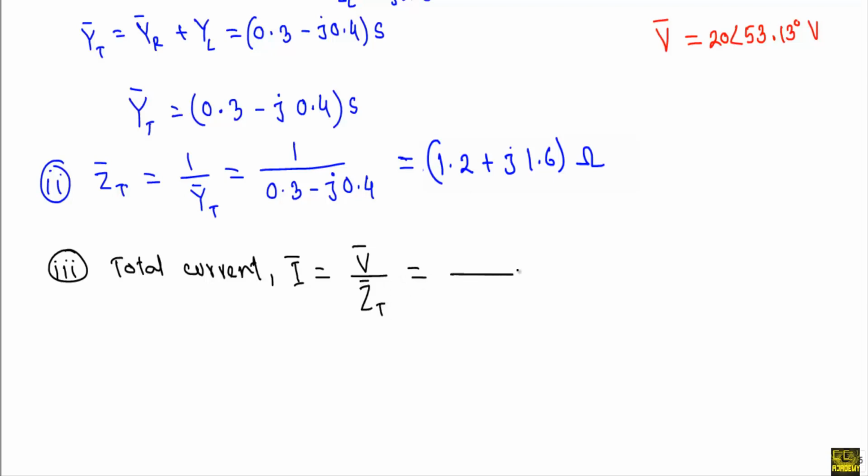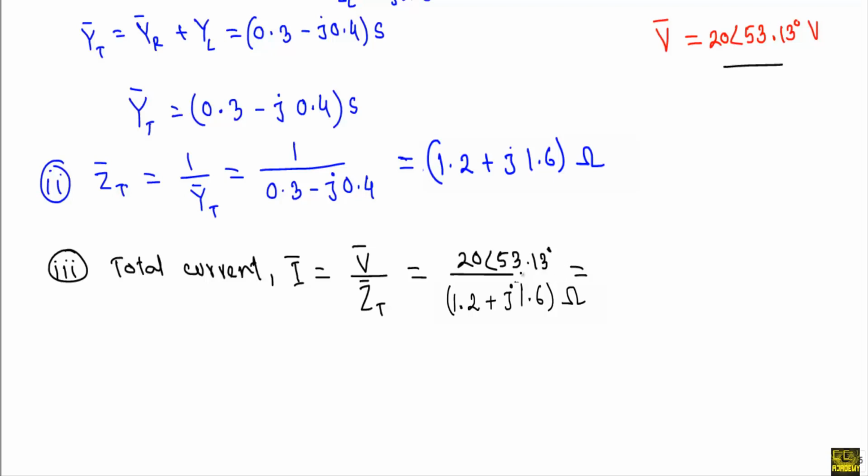Here the total voltage is 20 phase angle 53.13 degree, and the total impedance is 1.2 plus J1.6 ohm.